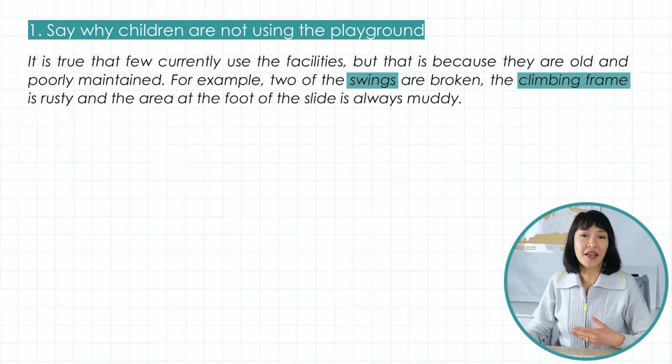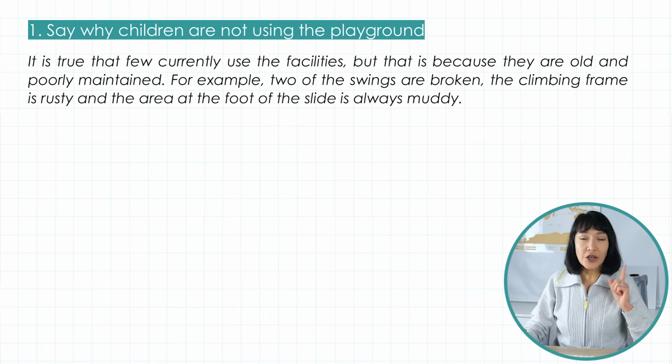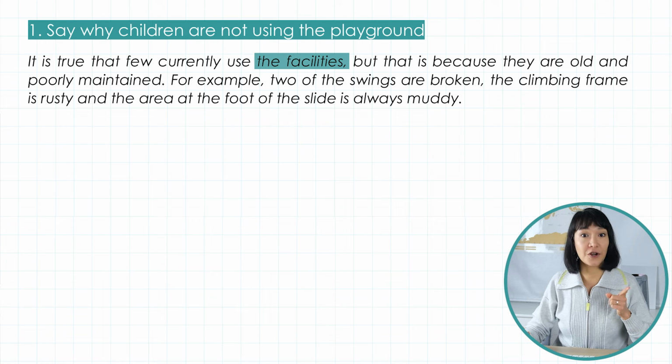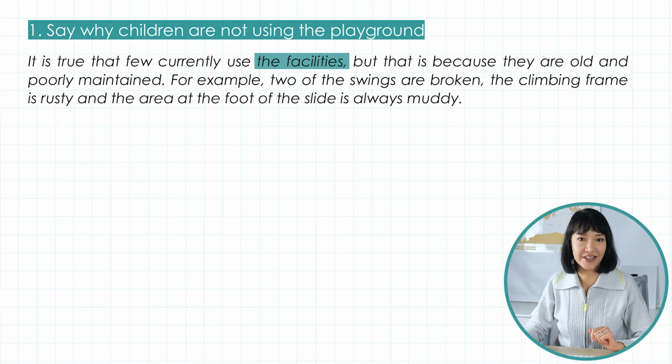Swings, a climbing frame, and a slide, these are less common words that are perfect for this task because they are topic-specific, not some big and unusual words which usually don't quite fit into the context. And notice the paraphrasing from the playground in the question to play area in the opening and now onto the facilities. A very useful word. We can talk about airport facilities or restaurant facilities.